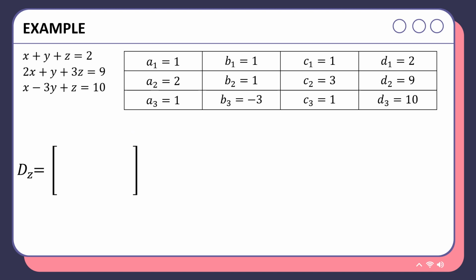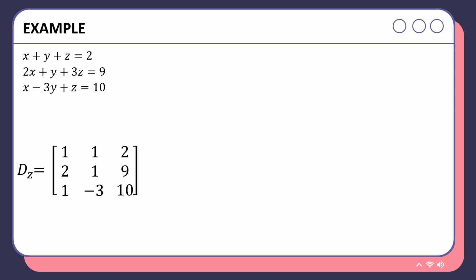In our first column, we have 1, 2, and 1. In our second column, we have 1, 1, and negative 3. And for the third column, we have 2, 9, and 10. We now solve the determinant of matrix D sub z.